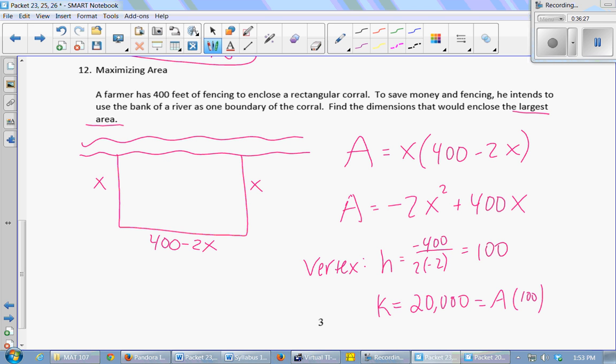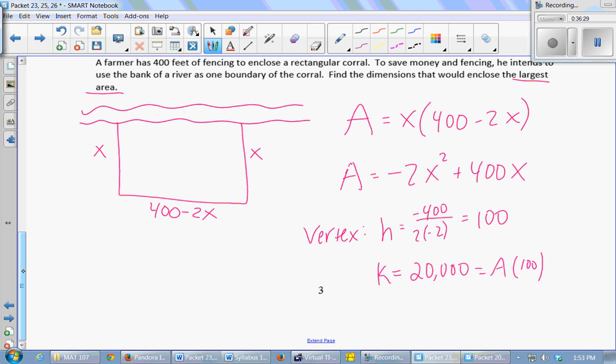So what are the dimensions that would give maximum area? How does all that work? Answer the questions. What by what gives maximum area? 100, right? Because we solved for x and we got 100. Right? That's my h. My h is an x coordinate. And A of 100, that's an area, right?